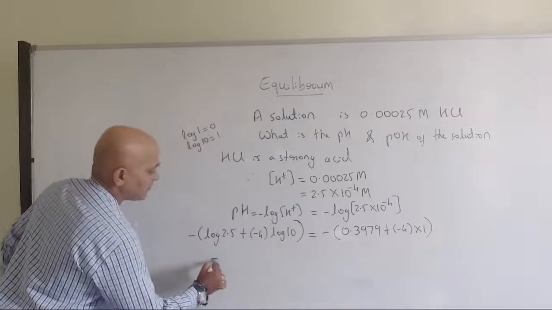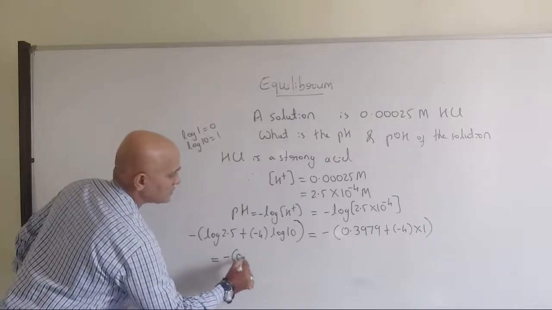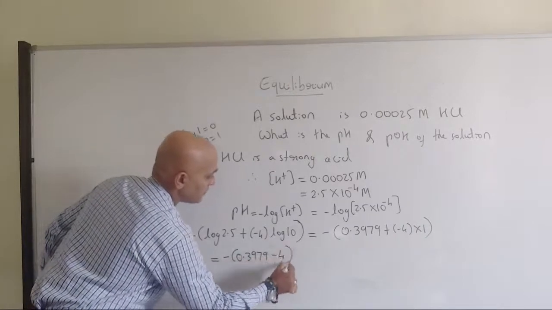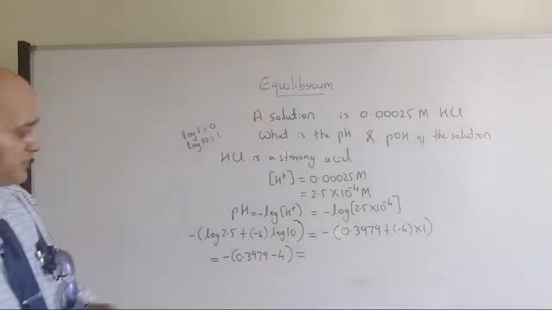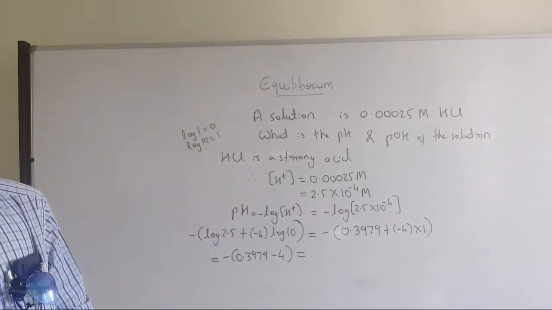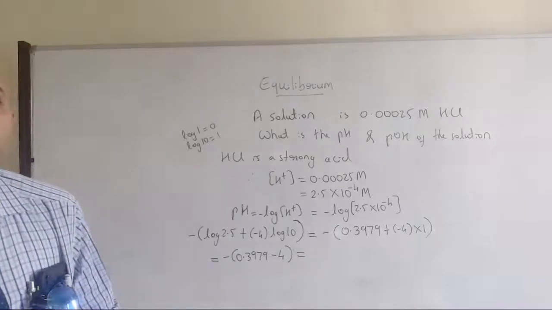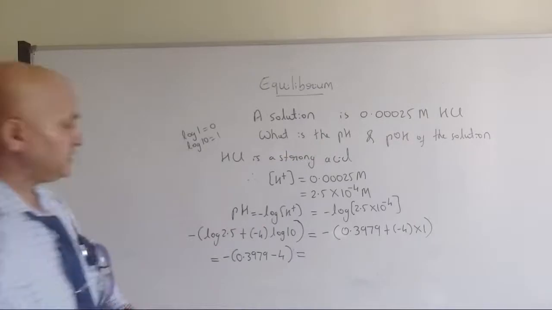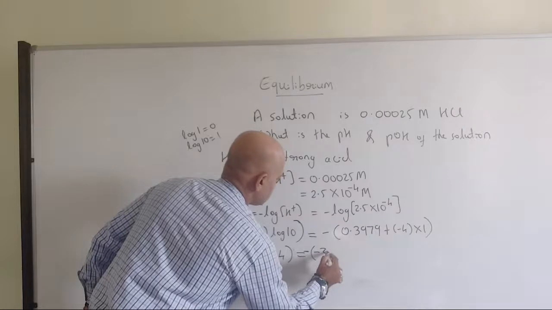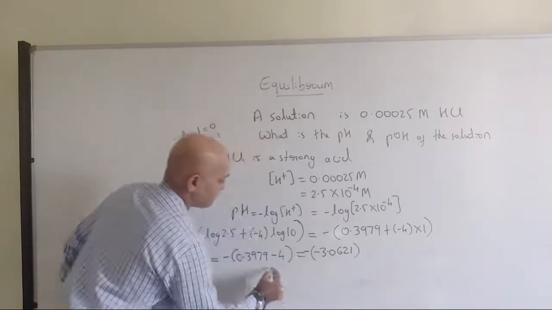Now further solving that, it will become minus of 0.3979 minus 4. So that will be minus 3.6021. So minus will become plus.